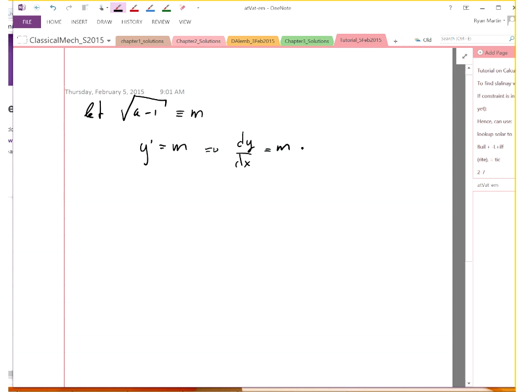So now you can see where this is going. dy by dx equals a constant is trivial to integrate, and so you get y equals mx plus b. m and b are two constants of integration. And hopefully you know how to find them.